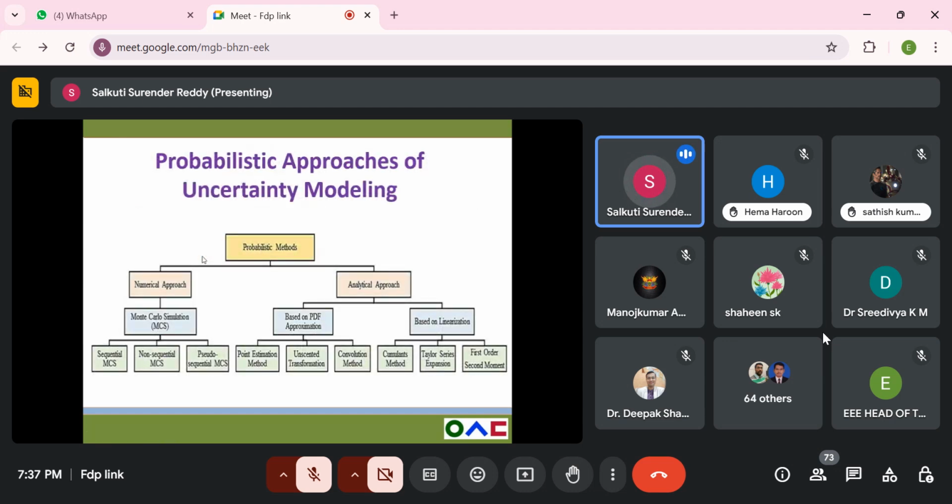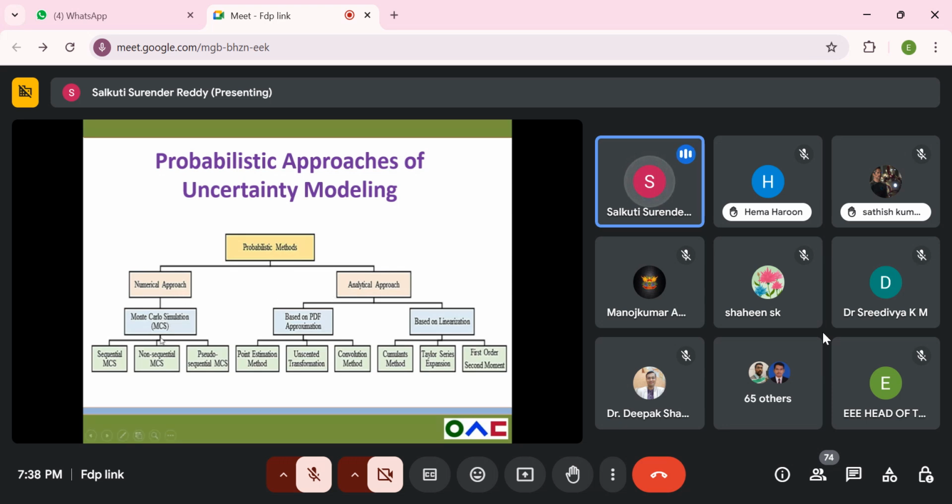Similarly, once you have this electric vehicle power, there is going to be some uncertainty because we don't know when our electric vehicle is going to be charged and discharged. In that case, you need some kind of probabilistic techniques to handle this, like a numerical approach or an analytical approach. In numerical approach techniques, we use Monte Carlo simulation to handle the uncertainty of electric vehicles.